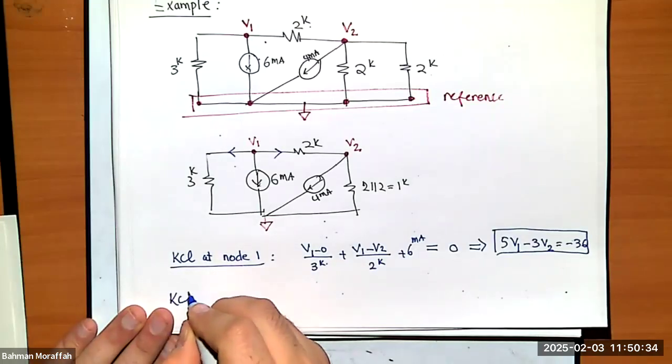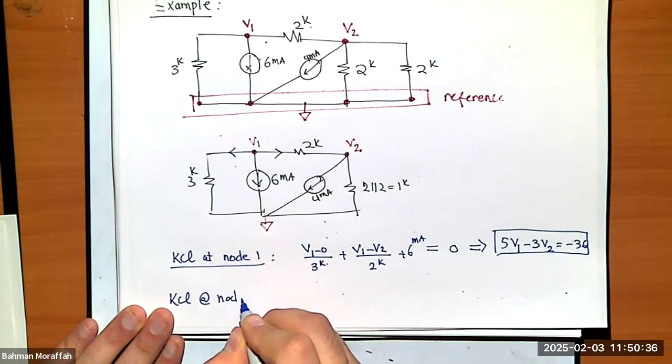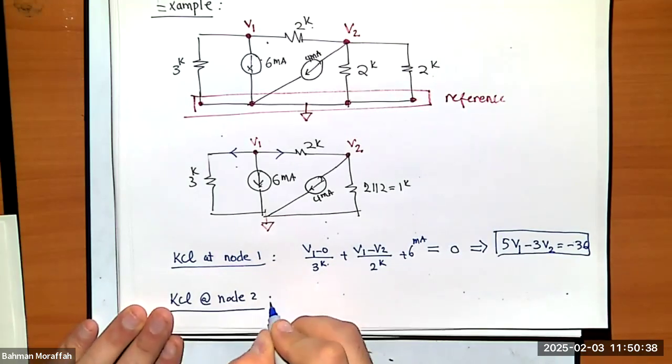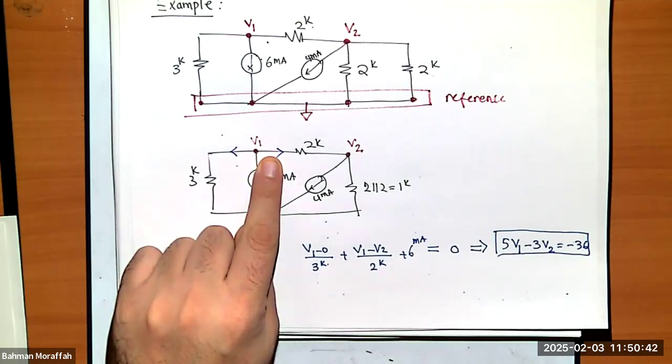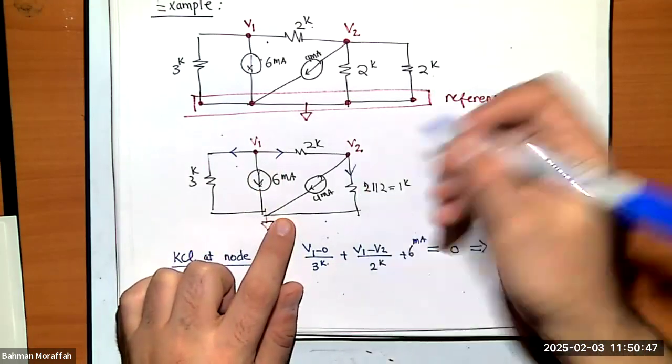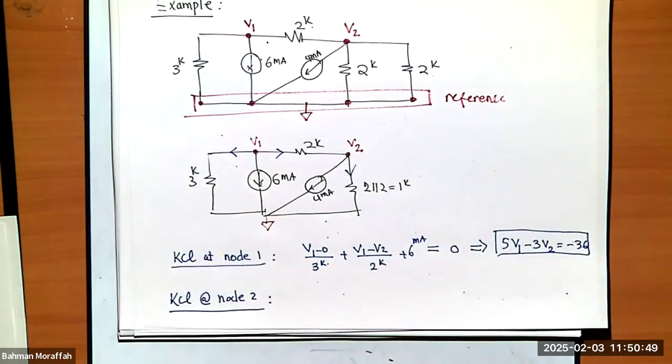How about a KCL at node 2? I already know this direction, so I cannot change it. But I can assign a direction to this guy. Again, I'm assuming it's coming out. What do we have? A KCL.